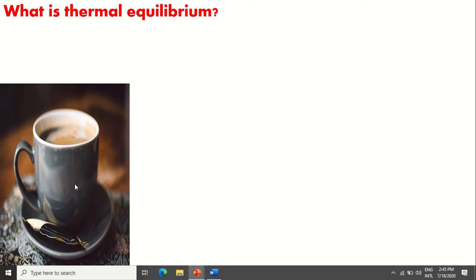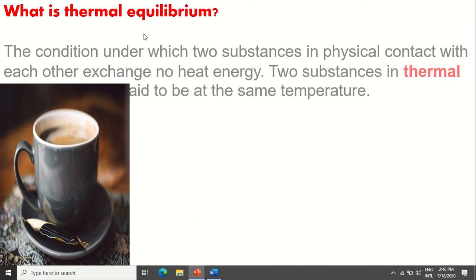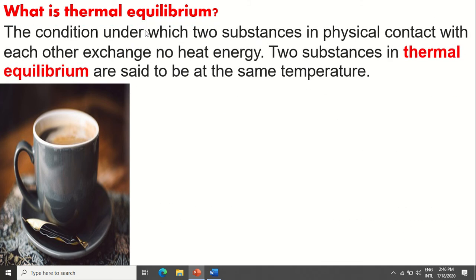So here, heat is flowing from hot object to the cold object, because obviously the surrounding temperature is less than that of the hot cup of tea, and this flowing of heat will continue until the temperature of both the surrounding and the cup of tea reach the same temperature, and that situation is known as thermal equilibrium.